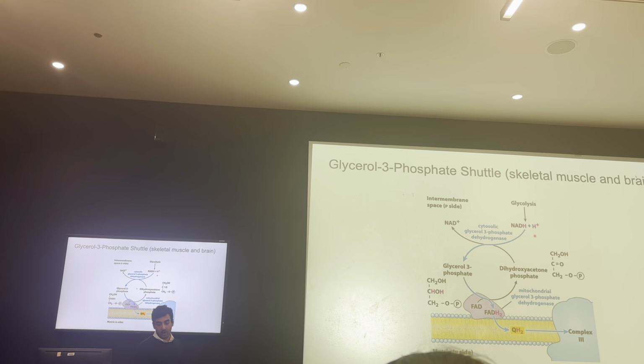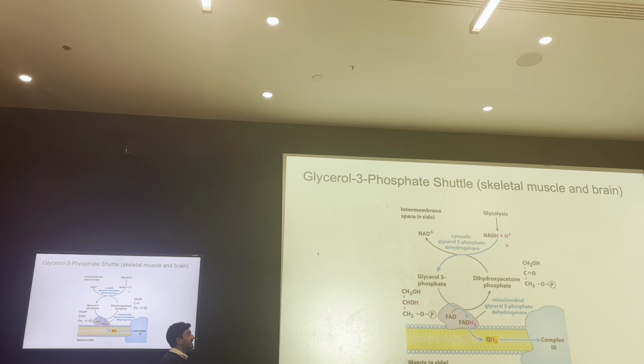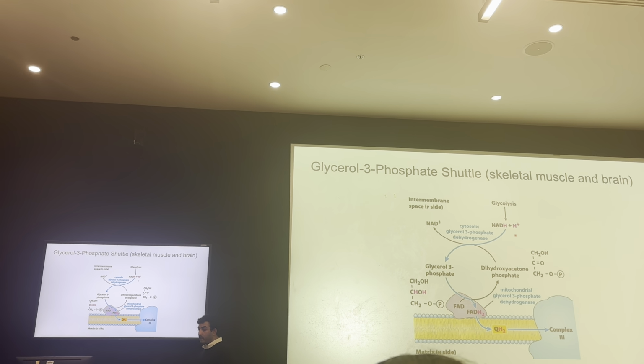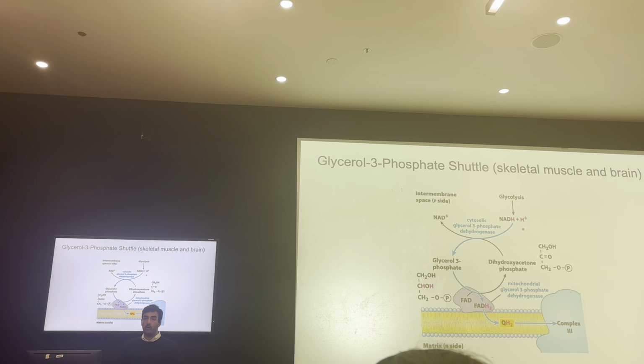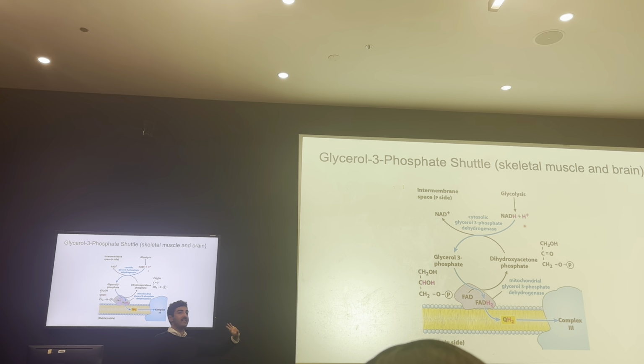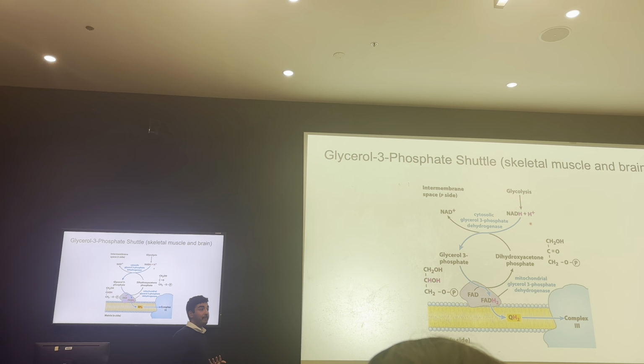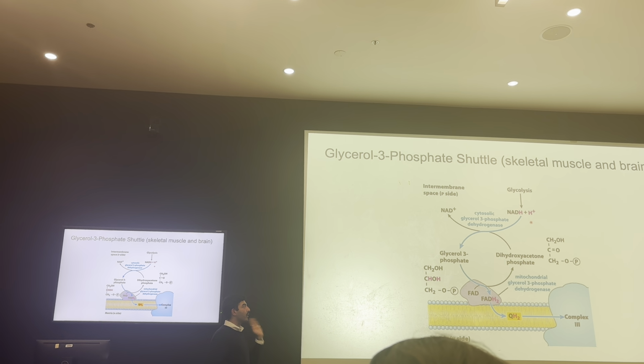This is the glycerol 3-phosphate shuttle. So this happens in skeletal muscle and the brain. Again, this is addressing, okay, we understand that NADH cannot penetrate the inner mitochondrial membrane. So what happens in the other cases, the things that are not our previous slide?